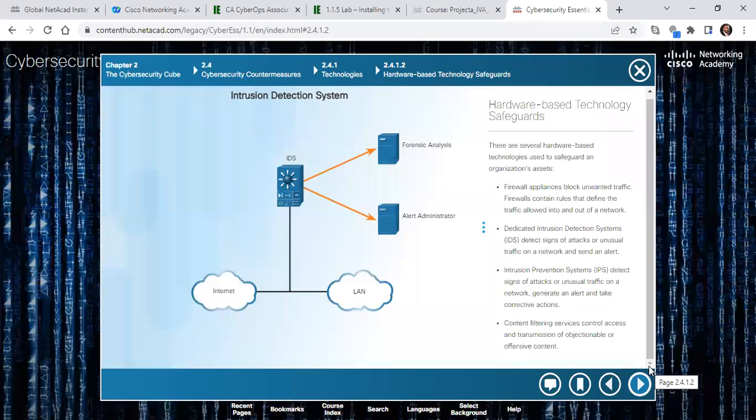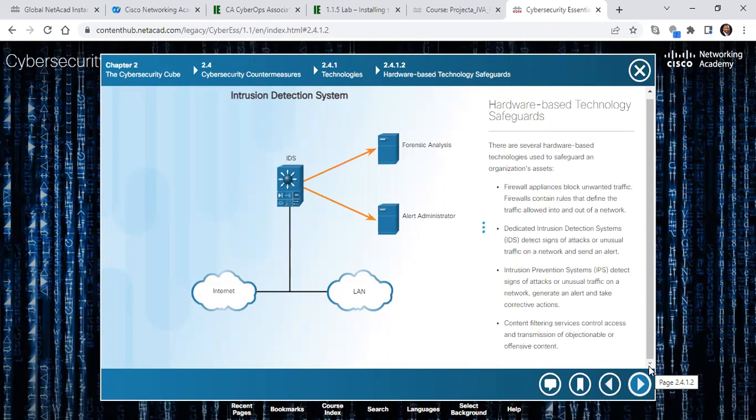As long as you're a cybersecurity professional, this is very important for you, okay? There are several hardware-based technologies used to safeguard an organization's assets.